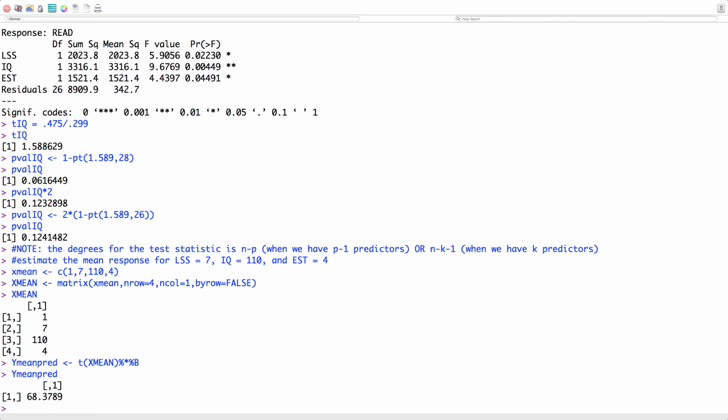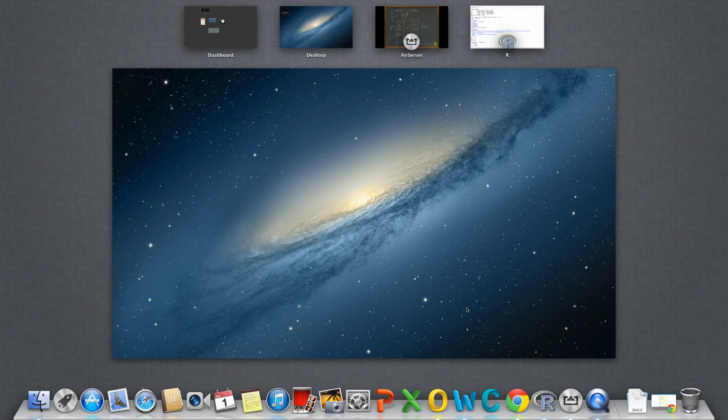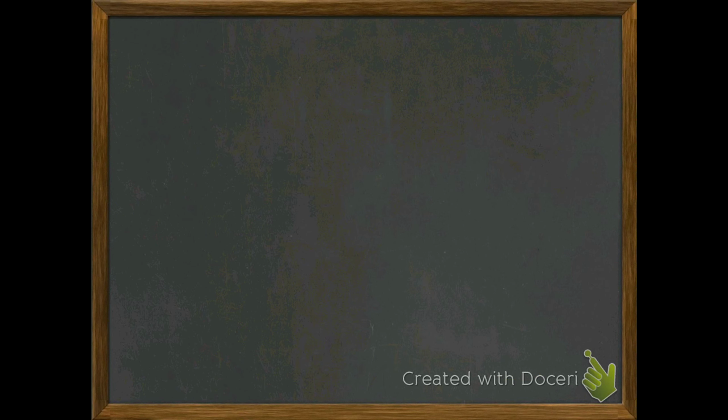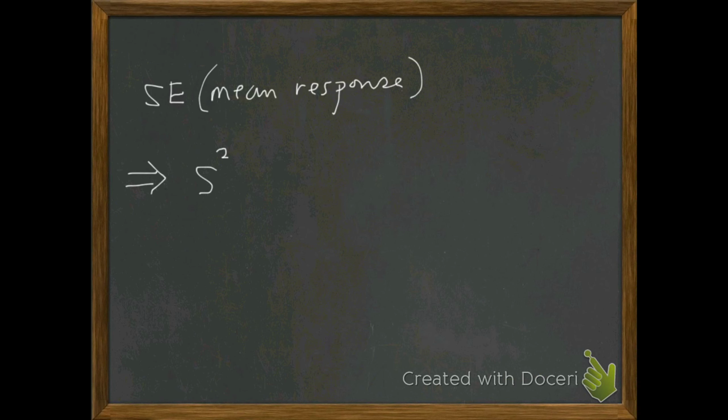Now, it turns out that the variation for the predicted mean, let me go back and get this. Turns out that I can remember it, for the mean response. Which will be given to us in terms of the variance.